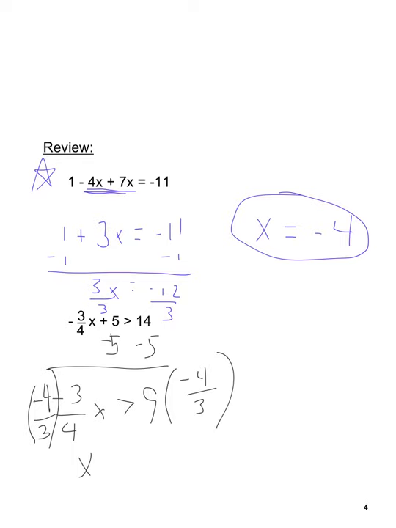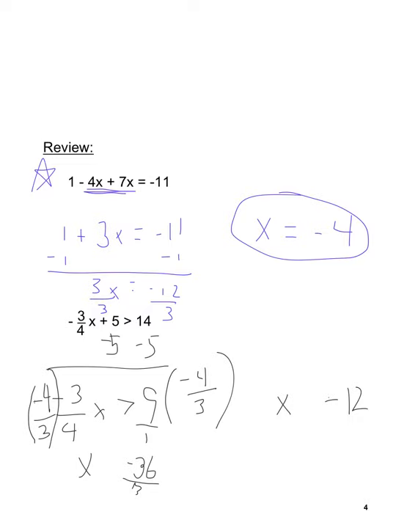Again, this is 9 over 1. So that would be 9 times -4, which is -36, over 1 times 3, which is 3. So it ends up being x on the left side and -36 over 3, or -12 on the right side.